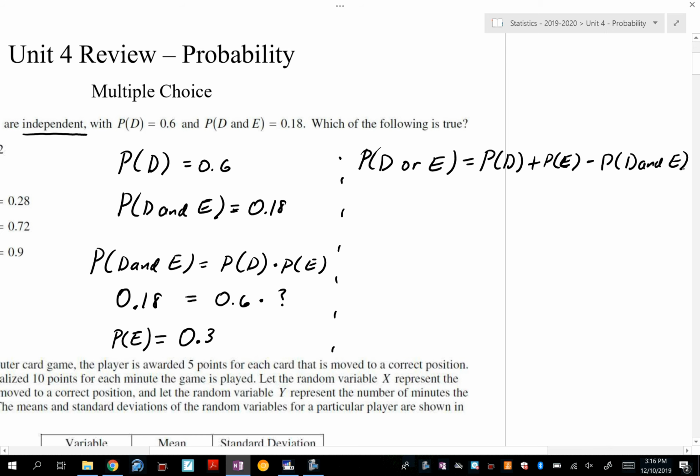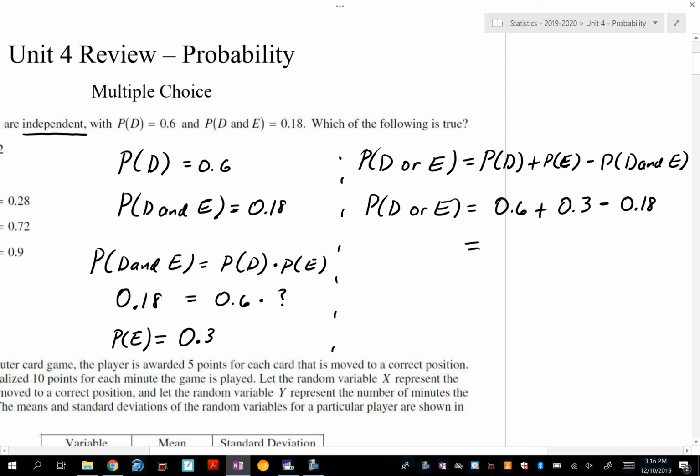D and E. Now again, we have three of them we know, and one we don't. This becomes algebra. I don't know the probability of D or E. That's what I'm solving for. So we know D is 0.6, plus E is 0.3, minus 0.18.